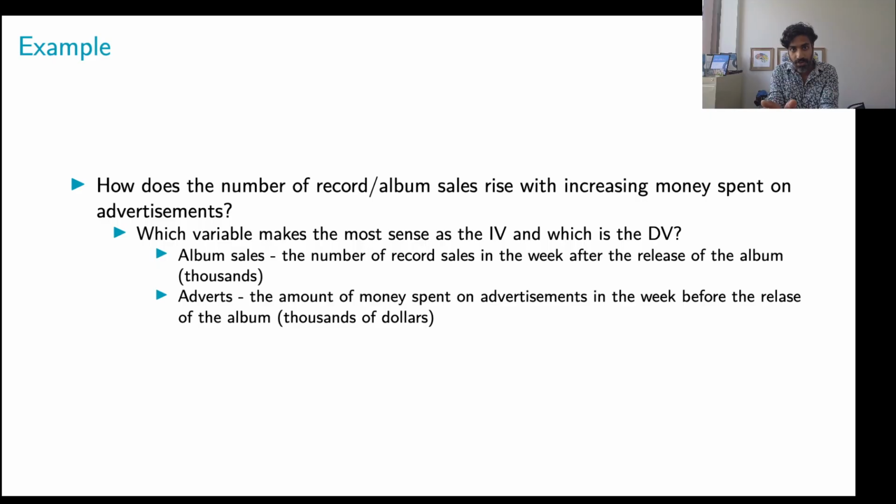You can't really control album sales, but you can control the amount that you're spending on adverts. You can change that quantity and then see what the effect of that is on the overall album sales. So through that logic, adverts would be your independent variable and album sales would be your dependent variable.